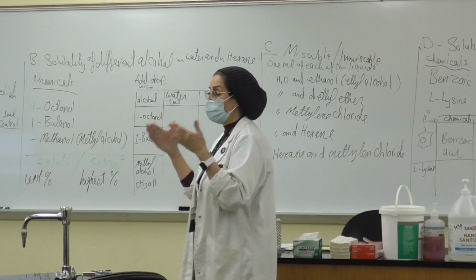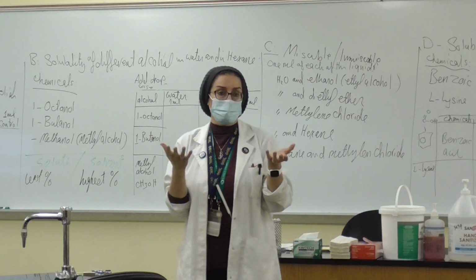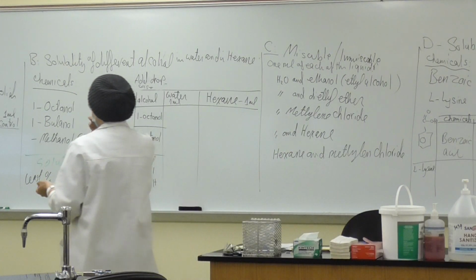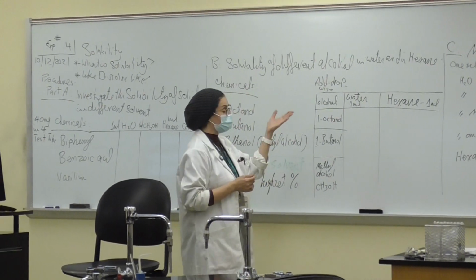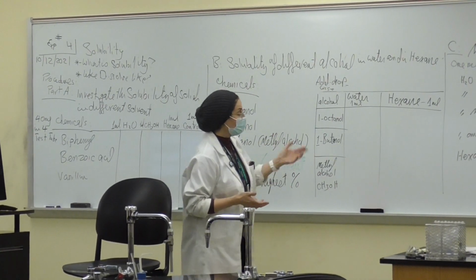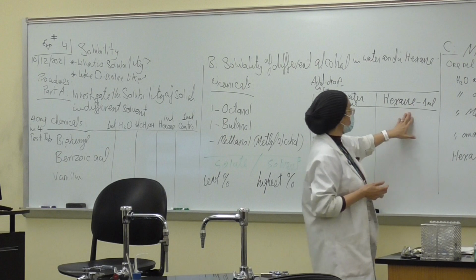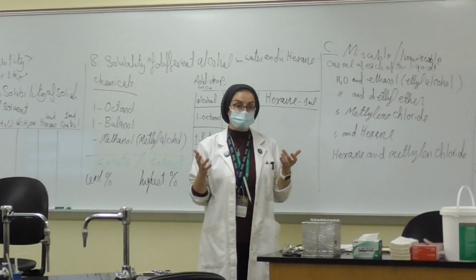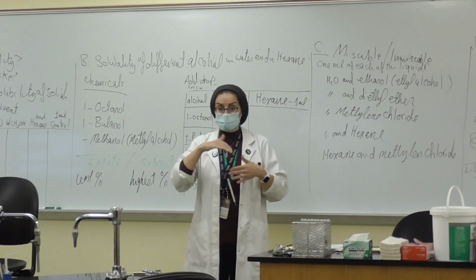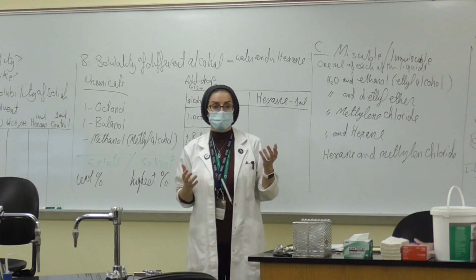Now, if we have a nonpolar compound, we are going to find out, for instance, hexane with methylene chloride, how is it going to react? Are they going to make 2 layers or 1 layer?